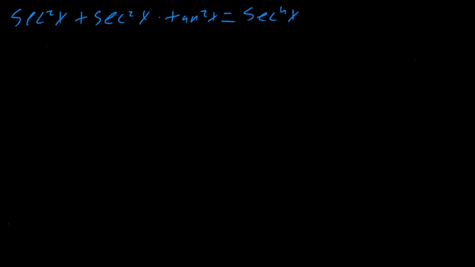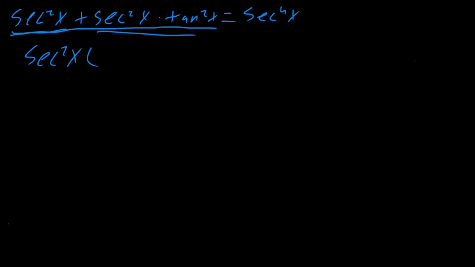So this is our next equation. We have secant squared of x plus secant squared of x times tangent squared of x is equal to secant to the fourth x. What we can do for this left side is factor out the greatest common factor. Since both of these terms share secant squared of x, we can factor out secant squared of x.